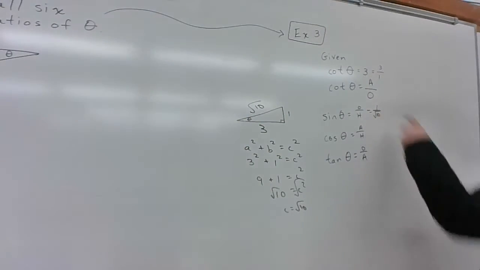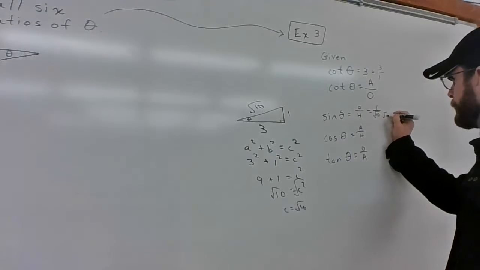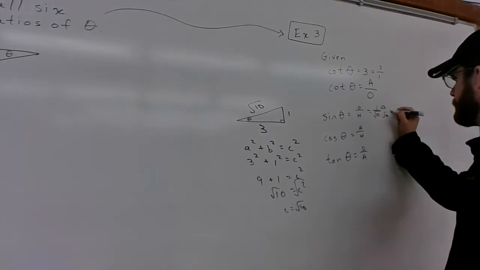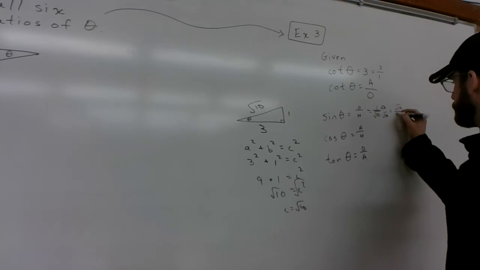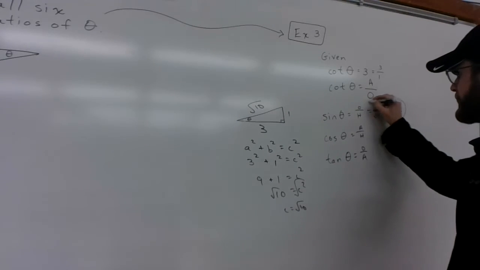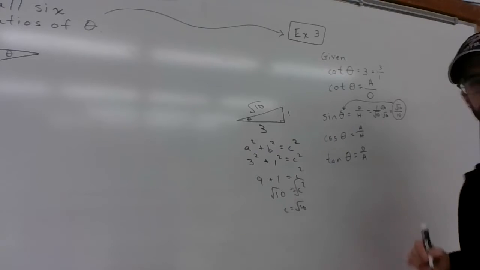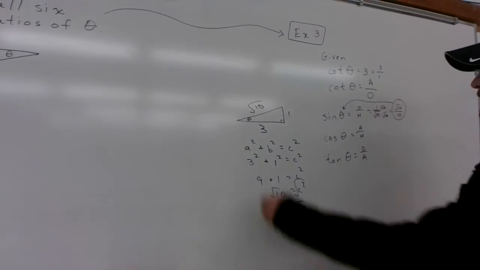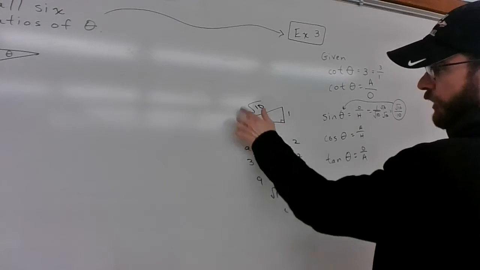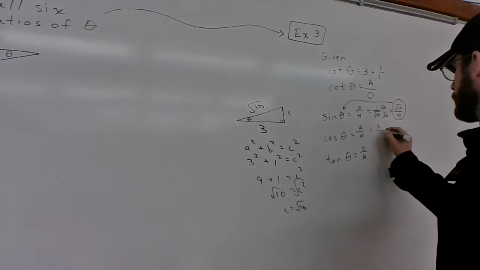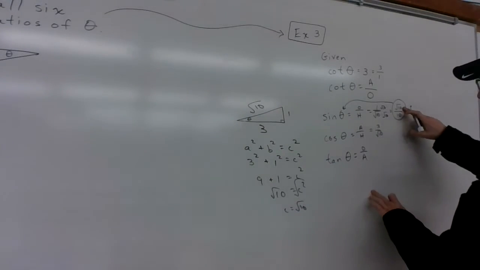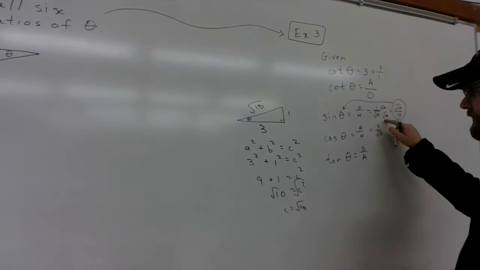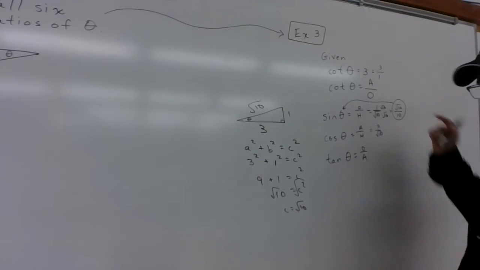Multiply top and bottom by root 10 to get rid of that root on the bottom. So we're rooting out the bottom, and you get root 10 over 10. And there it is. Cosine would be 3 over root 10, which, if you see what happened above, you can kind of just skip the step of even writing down times root 10 over root 10.